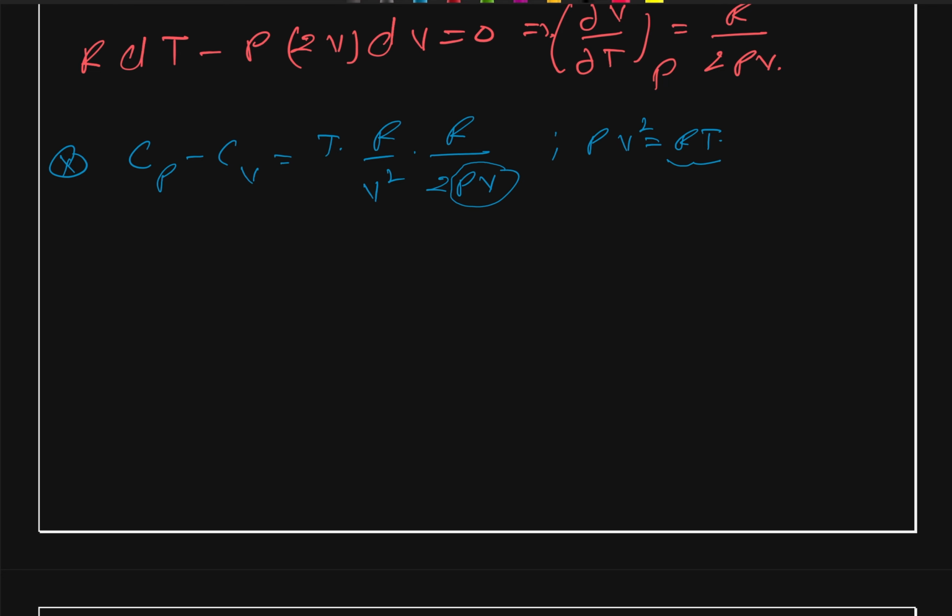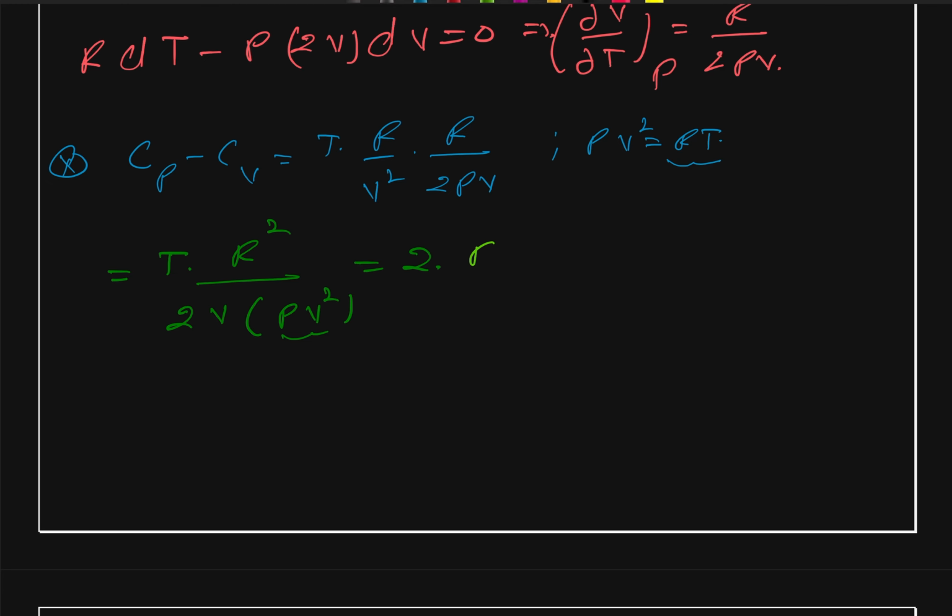So let me rewrite it: this will be equal to T, and we have our R square, and this can be written as twice V and PV square. So now in place of PV square we are going to substitute RT.